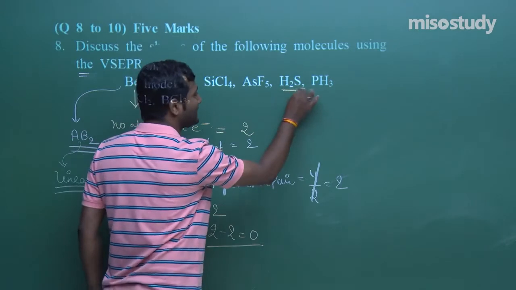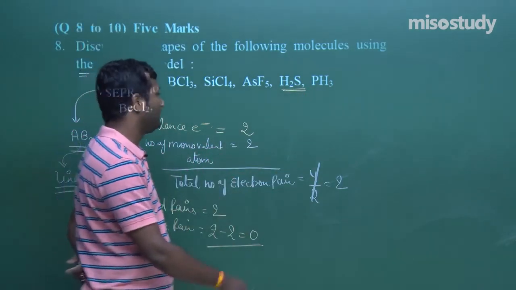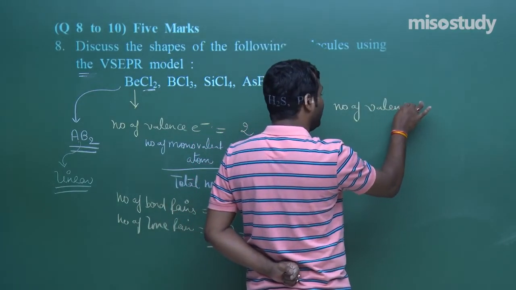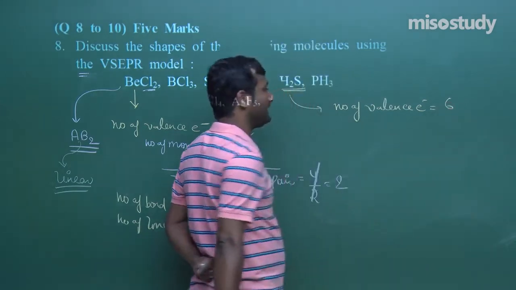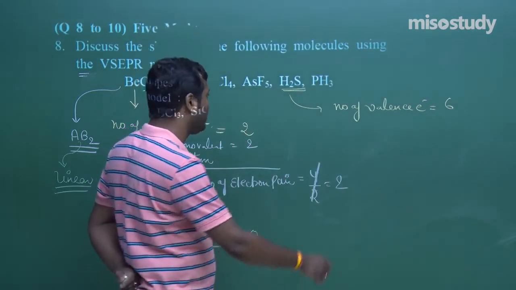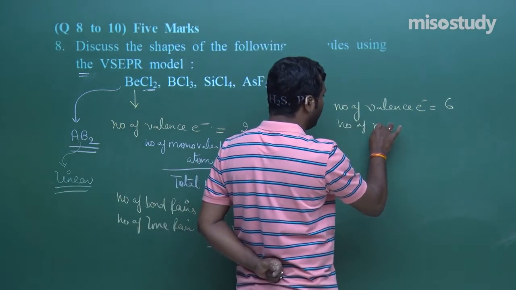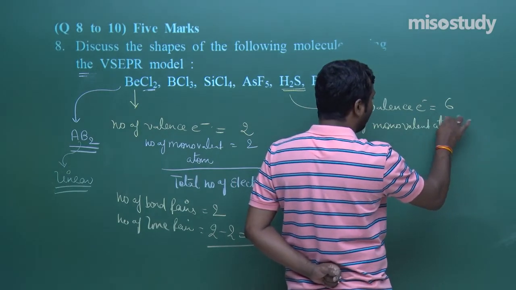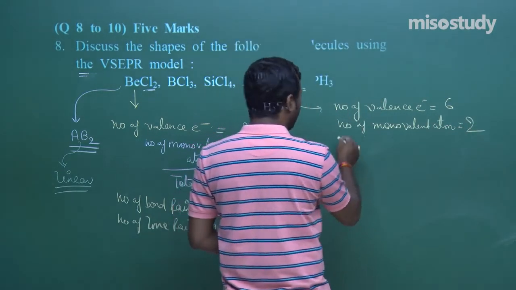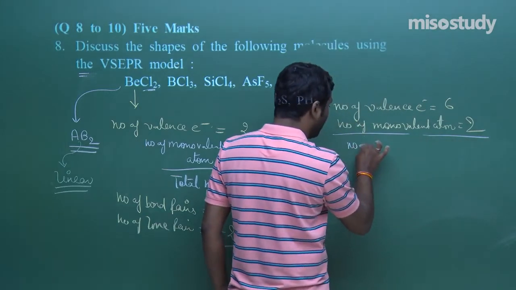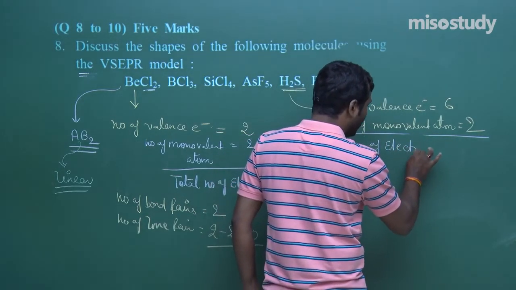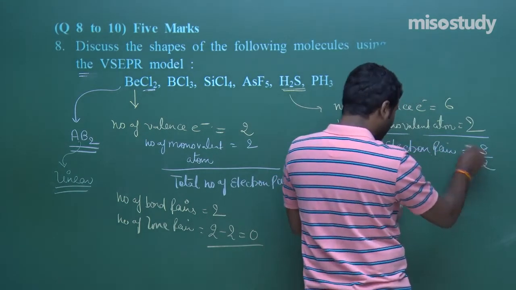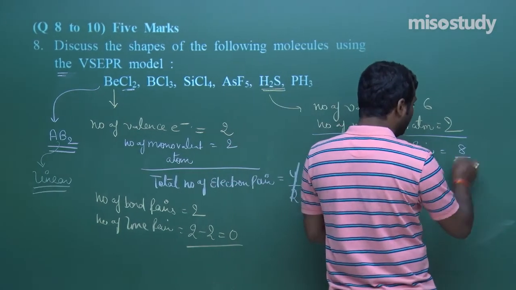I'm taking H2S again. Now how to solve this question? Find it out. Tell me, in this case, the number of valence electrons of sulfur is 6, since 2, 8, 6 is the electronic configuration. Number of monovalent atoms attached to it is 2. So we will say the number of electron pairs in this case is 6 plus 2, 8, 8 divided by 2 is equal to 4.